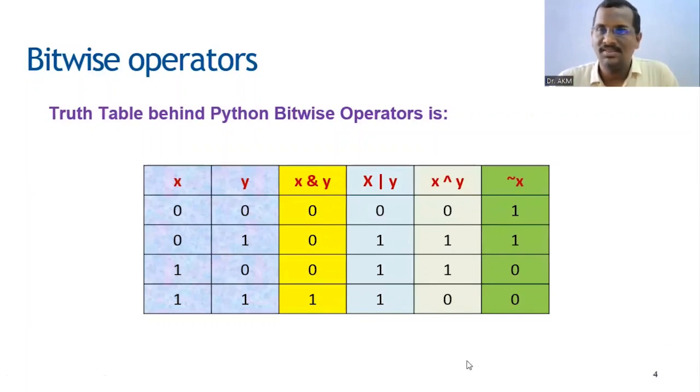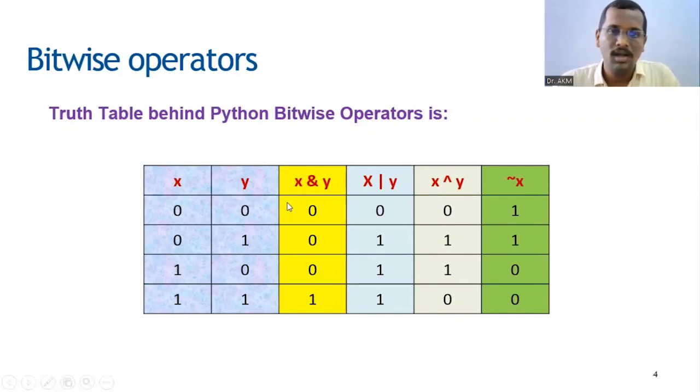So bitwise AND operator acts if both values, that is both right hand side and left hand side elements are 1, then only bitwise AND operator returns true value, that is 1. If both of the sides are true, then only the answer is true.